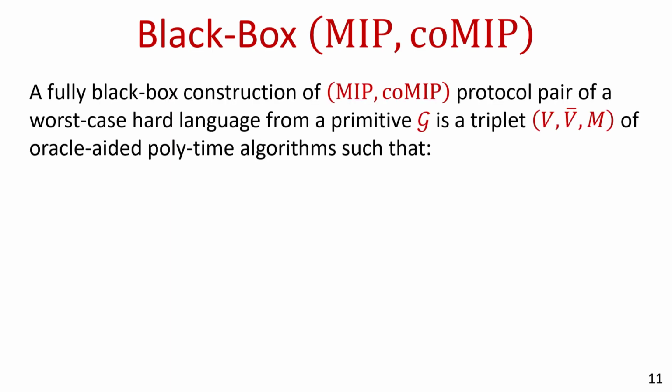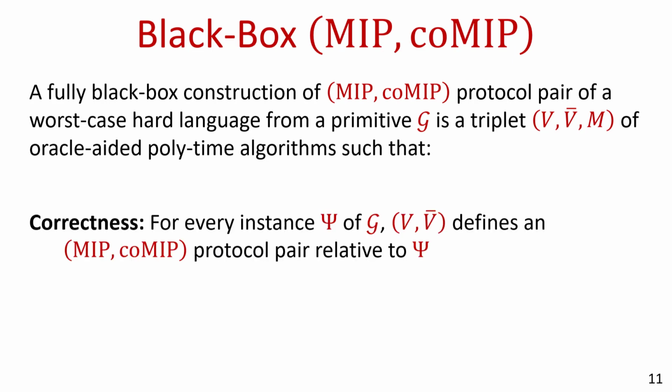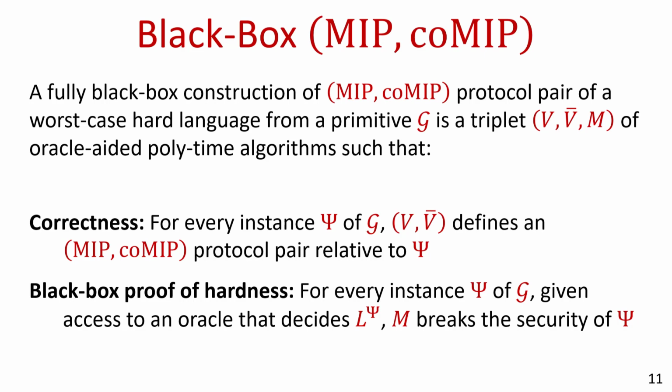So a fully black box construction of an MIP co-MIP protocol pair of a worst case hard language from a primitive G is a triplet V bar, and M of Oracle-aided polynomial time algorithms such that for every instance psi of G, the pair V bar defines an MIP co-MIP protocol pair relative to psi, and for every instance psi of G, given access to an oracle that decides L psi, M breaks the security of psi.